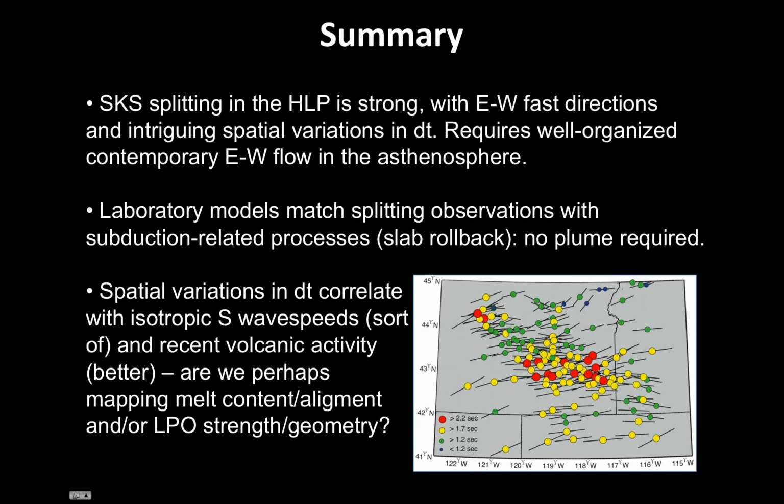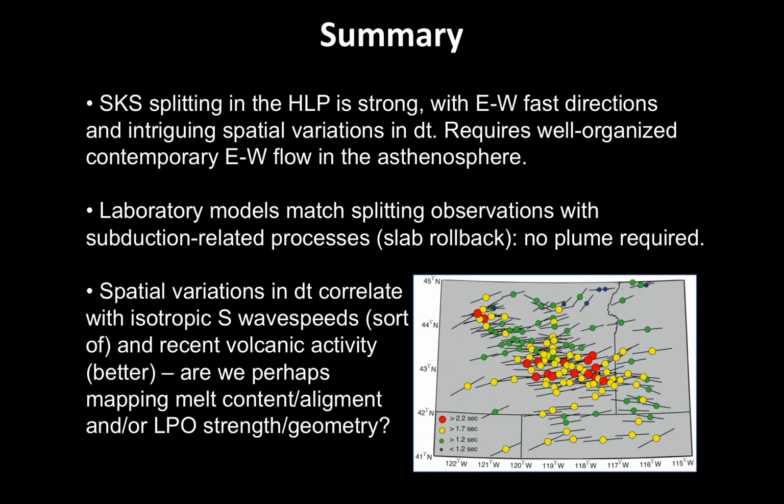I think the data really require well-organized contemporary east-west mantle flow in the asthenosphere, and the detailed comparison with Kelsey's laboratory models has shown that models that have slab rollback do a very good job of matching the observations. The anisotropy data don't require the presence of a plume. I wouldn't say they rule out the presence of a plume either, but if plume material is present, it's certainly not driving the mantle flow.